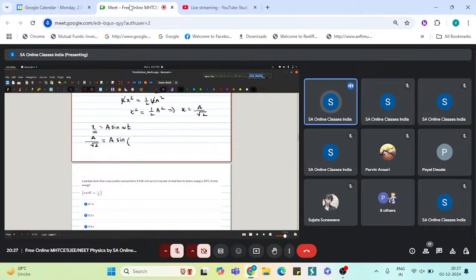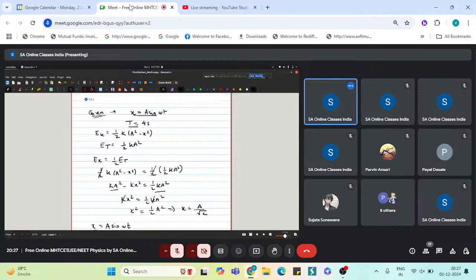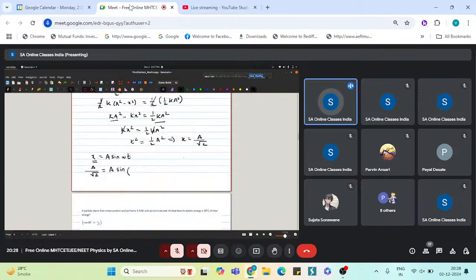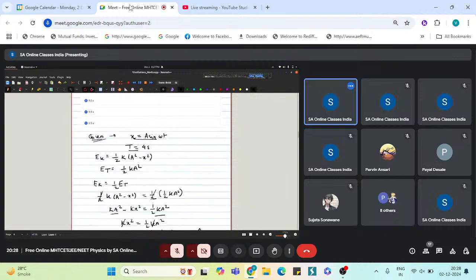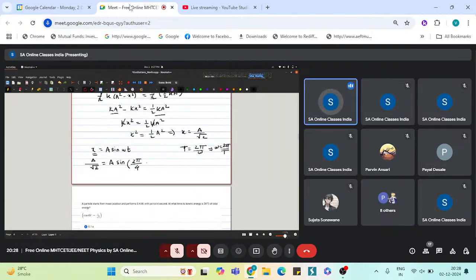They have given the value of T, and we know that T is equal to 2 pi by omega. So omega is equal to 2 pi by T, and this is just going to be 2 pi upon 4. So a sin omega t, and we have to find the small t.